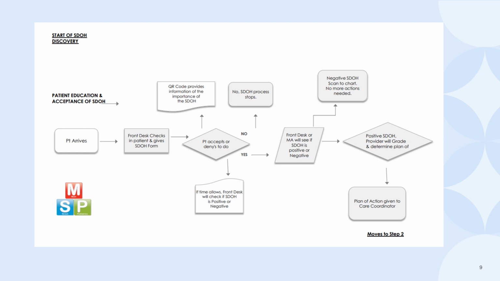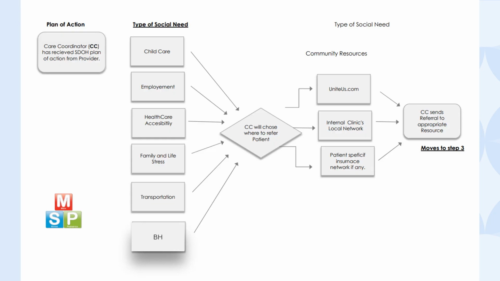team. The next step in that process was that the care coordination team will receive the positive screenings and look at the different needs, either childcare, employment, healthcare accessibility, family and life stress, transportation, or behavioral health, being the ones identified as most commonly requested.